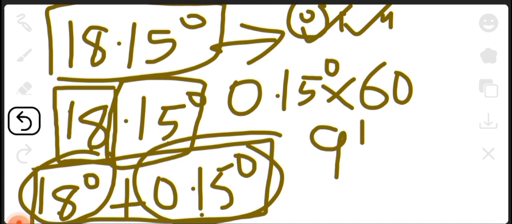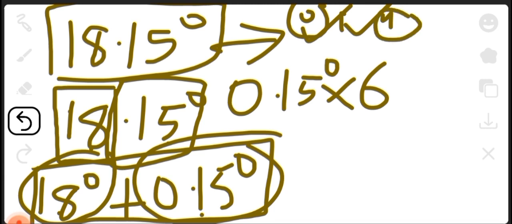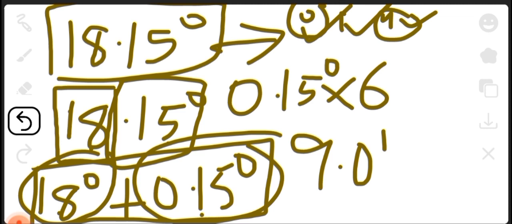So this 9 will now be in minutes. Or you can just say 9.0 since there's no decimal again. So 9.0 minutes. We still need the one in seconds.